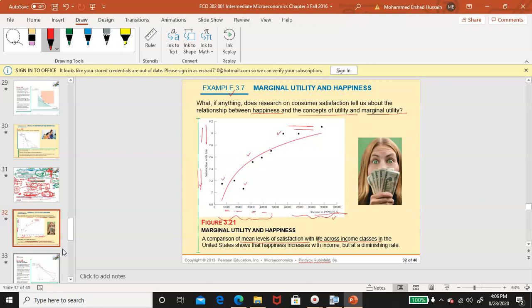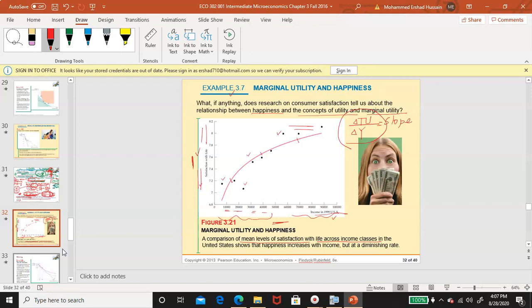Now what is interesting here is that look at the slope of the curve. See, the slope of this curve is marginal utility, right? This one will tell us how the slope of the curve is rise versus run, right? This vertical distance, horizontal distance. On the vertical we are measuring happiness, say total utility, and on the horizontal we are measuring income. So this is the slope, right?